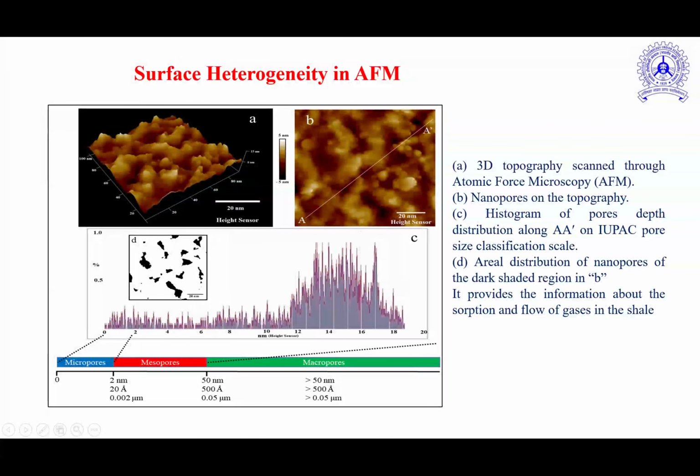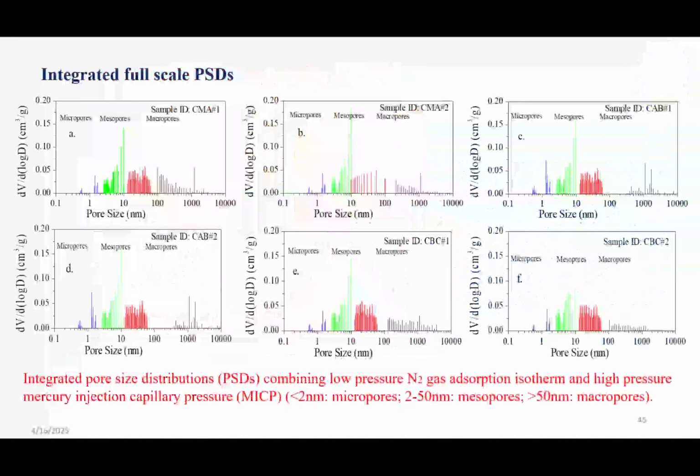So FESEM and AFM are both used for image analysis and determination of porosity. Low pressure nitrogen adsorption and mercury porosimeter are destructive methods, whereas FESEM or AFM are non-destructive methods, where you can use an intact core sample.